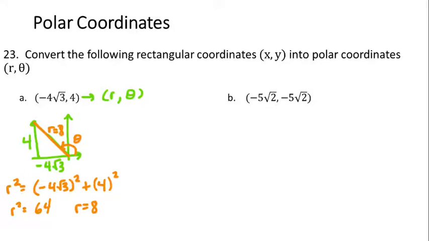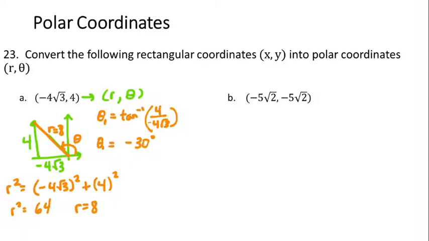Now for theta, we can use an inverse trig function. I'm going to use inverse tangent, and I'm going to say that theta 1, because this isn't really the theta that we need, theta 1 is going to be equal to the inverse tangent of 4 over negative 4 square root of 3. And if you put that in your calculator, it's going to give you negative 30 degrees.